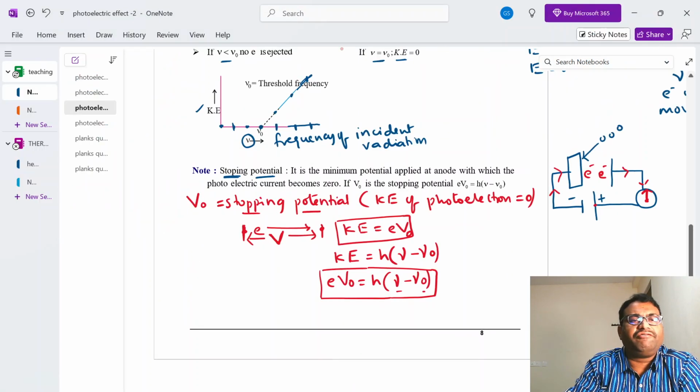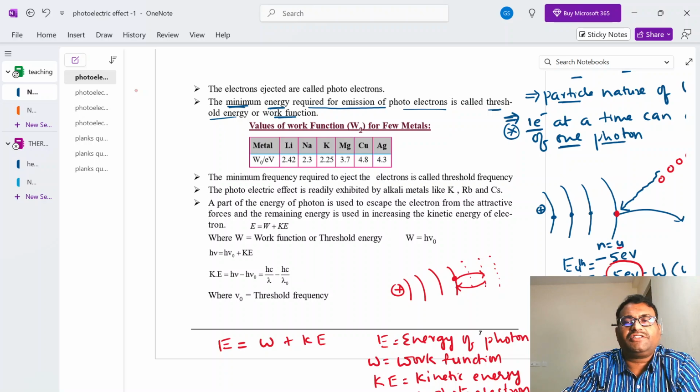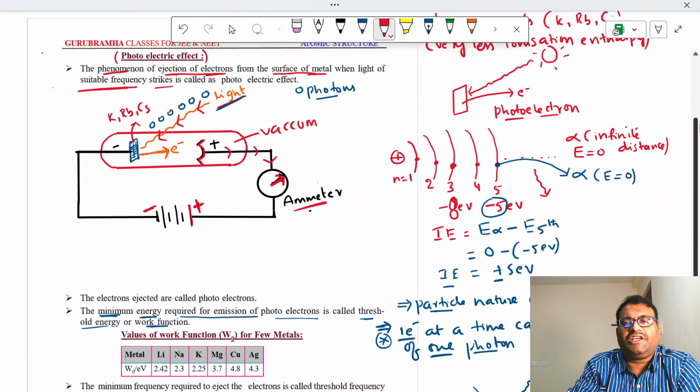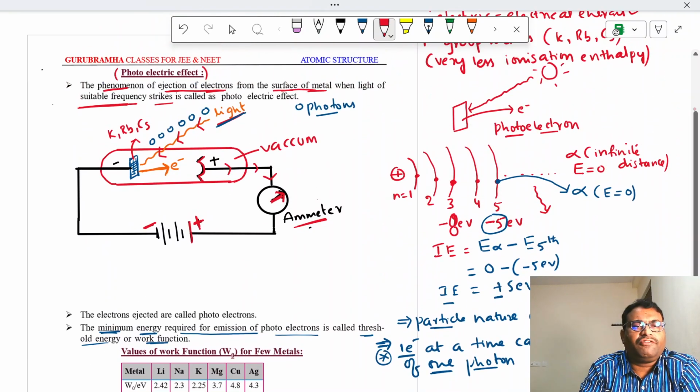So basic information regarding photoelectric effect is, when the photons are falling on this metallic surface, electrons are ejected. Until light having a minimum frequency or suitable energy falls on the metallic surface, there is no deflection in the ammeter, because the circuit is not completed.